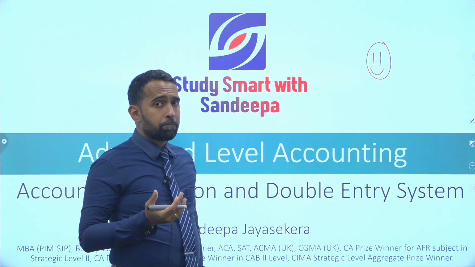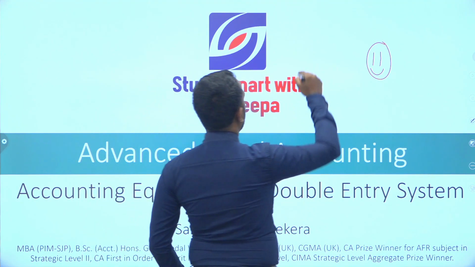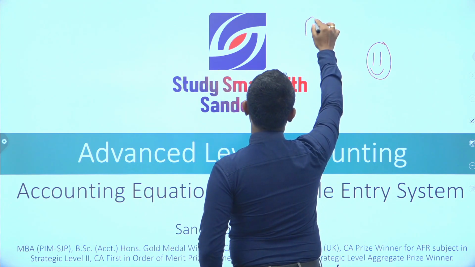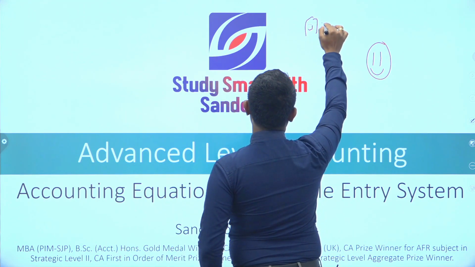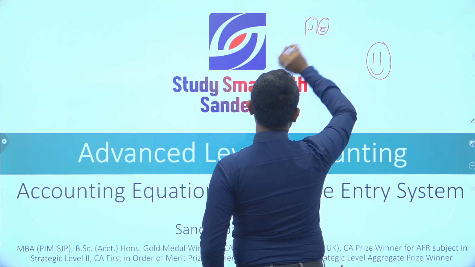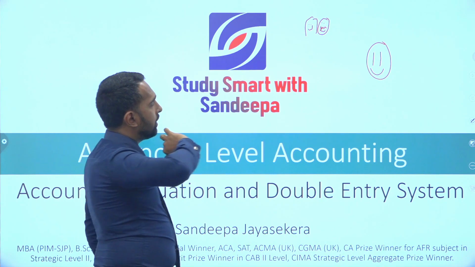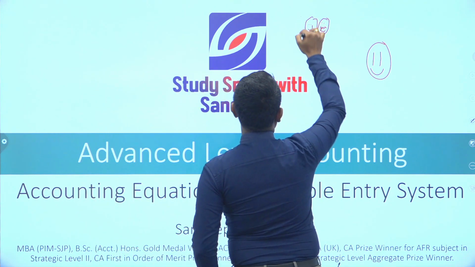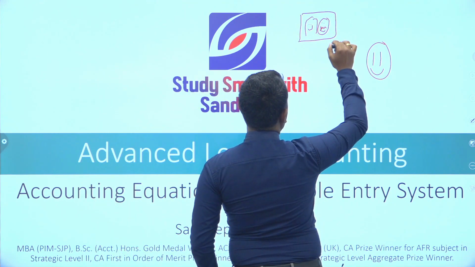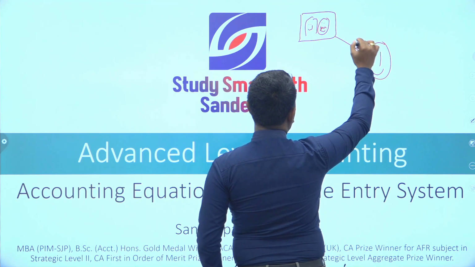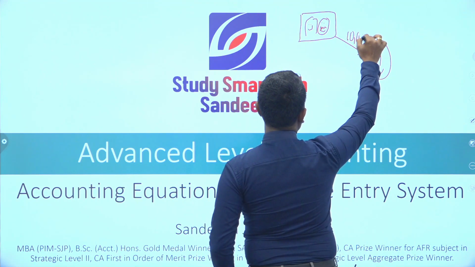Now let's say Ayomal's parents, Ayomal's mother and father, are there. Now let's say the mother and father of Ayomal have given Ayomal 10,000 rupees.